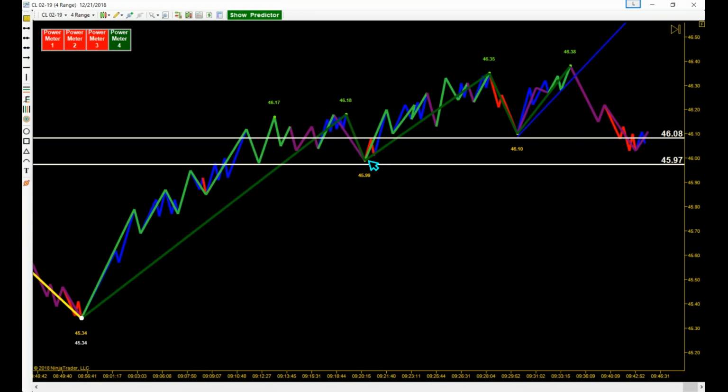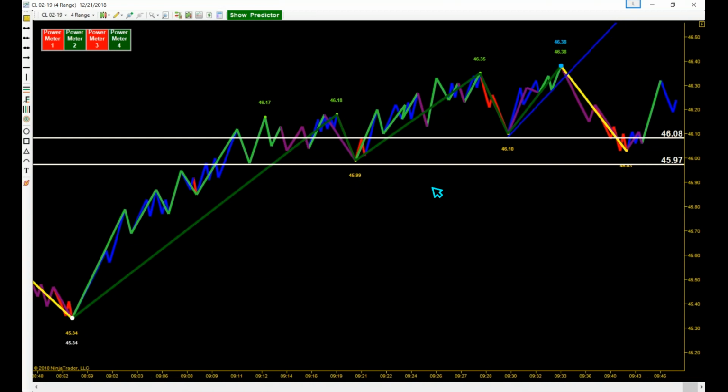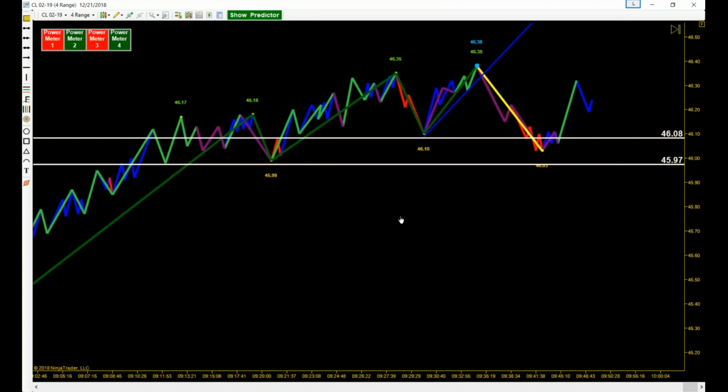See if it changes trends at all. Not yet. Did it change trends yet, anybody? No. So just keep in mind that if you'll watch for that type of drawing on your charts, you'll stay with the trend a lot better.